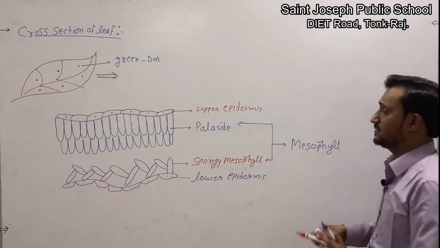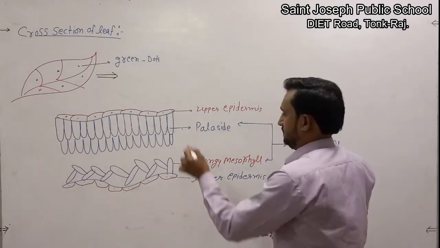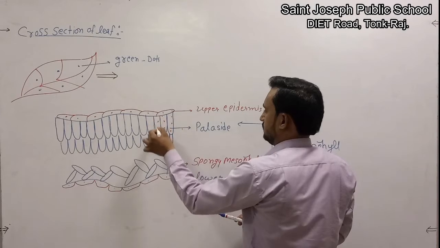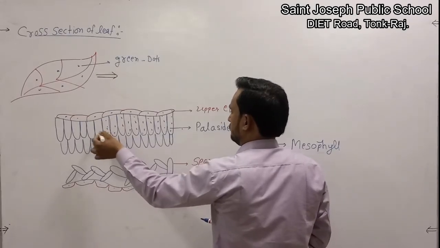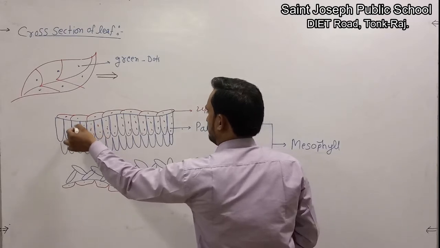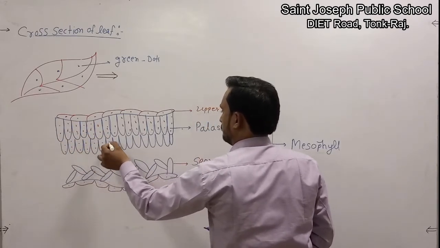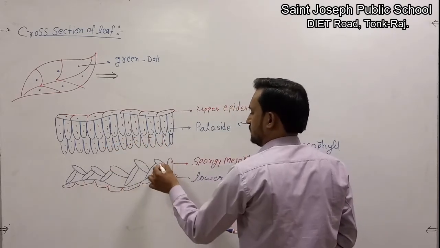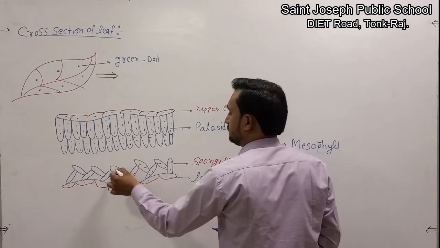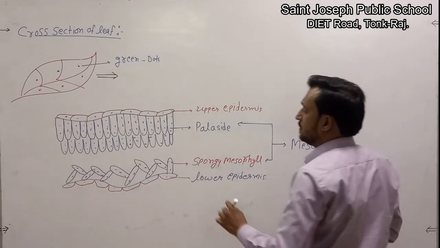All of the cells of mesophyll bear green color dots. These green color dots are known as chlorophyll.